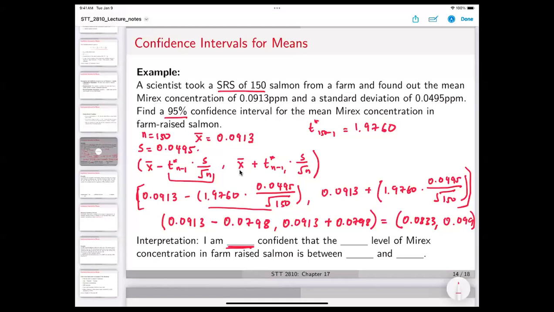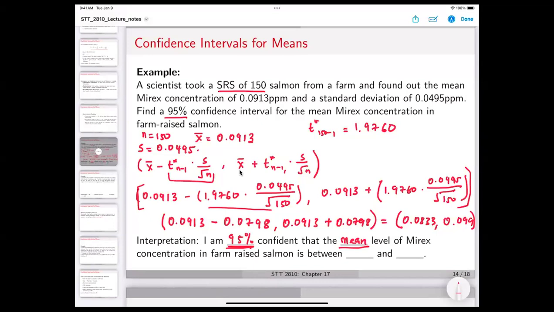Is that okay? Okay. What should be here? What are we dealing with? Means. Is that okay? So here is going to be the mean. We are also dealing with the level of myris concentration. I wrote that for you.